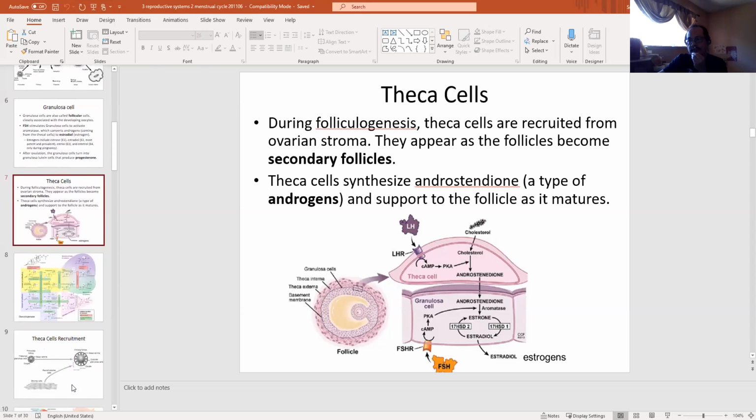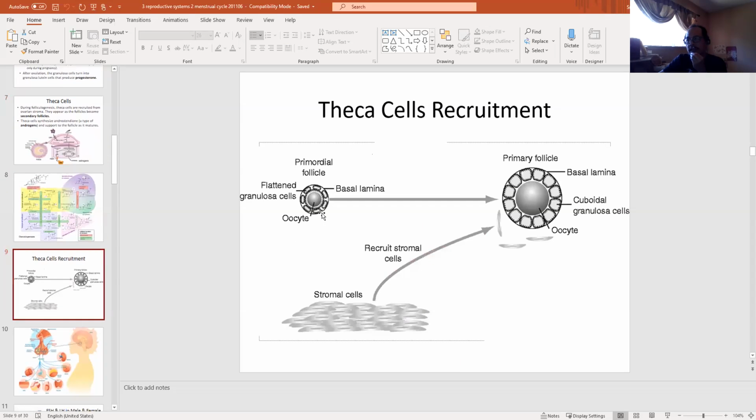Another cell is the theca cell. One thing about the theca cell is that they are recruited. They do not originate from the follicular cells.